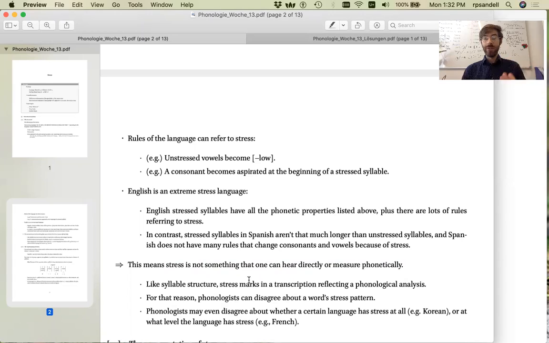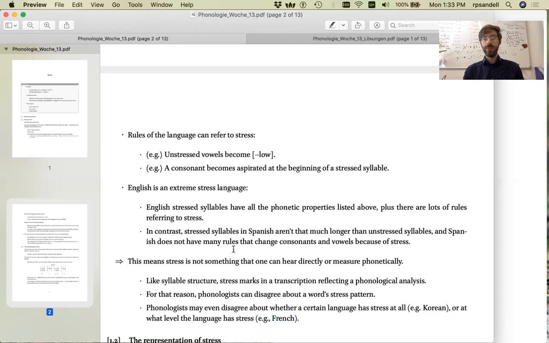Because there is some level of analysis required in order to arrive at stress, phonologists may disagree about the stress pattern of single words in a language whose stress patterns are relatively well understood, or they may disagree about how stress rules at all function in language. And they may even disagree about whether a language possesses stress at any level. That's the case. There are debates about Korean in this regard, or at what level of phonological structure stress is assigned, as in French.